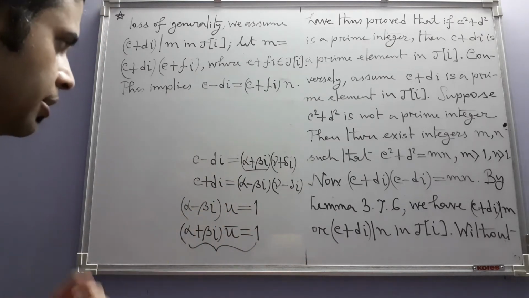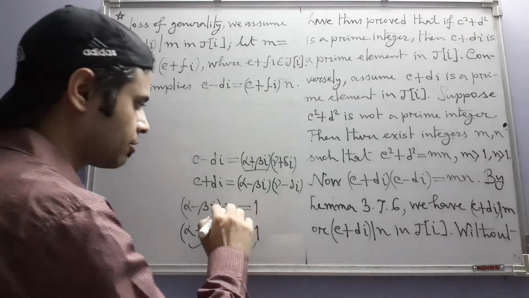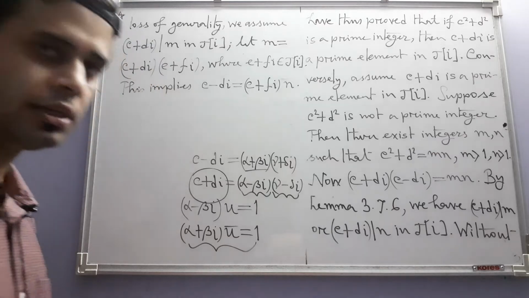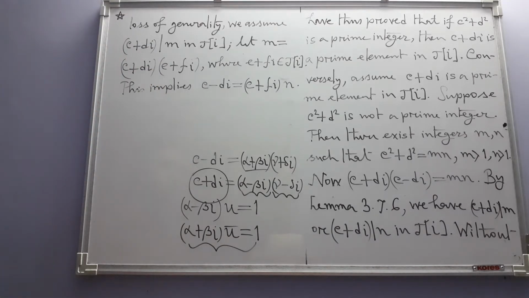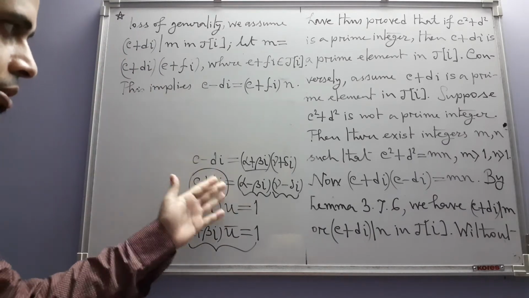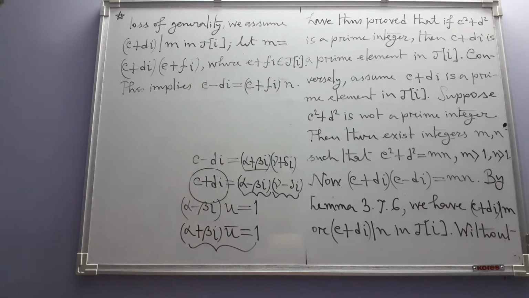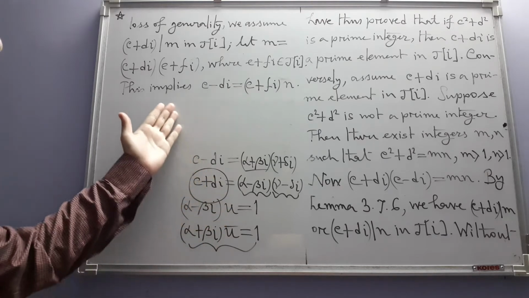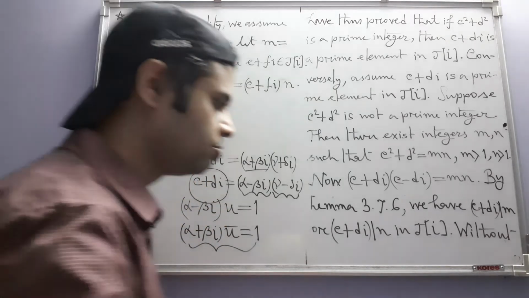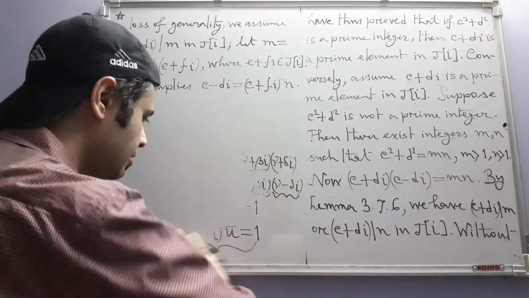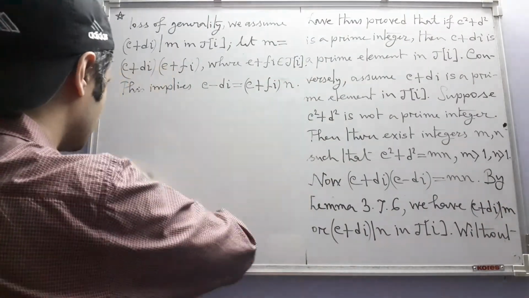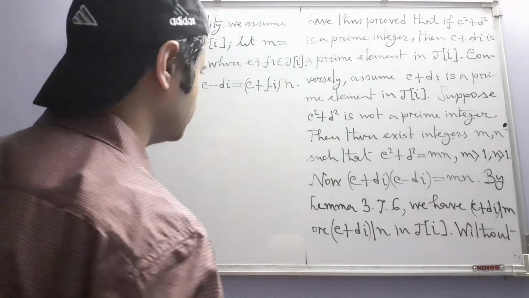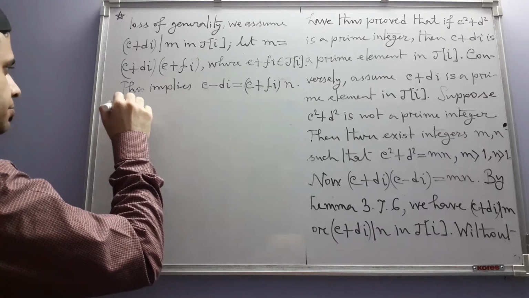It cannot be a unit, and from that we are concluding that because these are non-units, the primality of C plus di is contradicted. Okay, so that's how I thought about this in my mind, but I forgot the fine details. So now we see that, should I make it a part of the solution? Let's just do it. Otherwise, again, if you look at the solution later in future, you may get confused, I also may get confused.